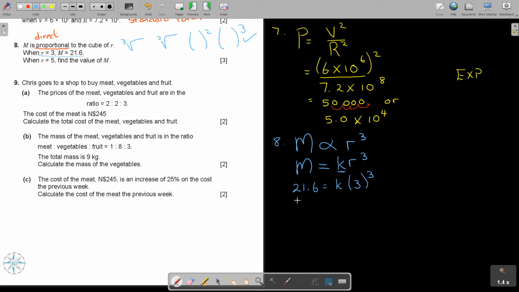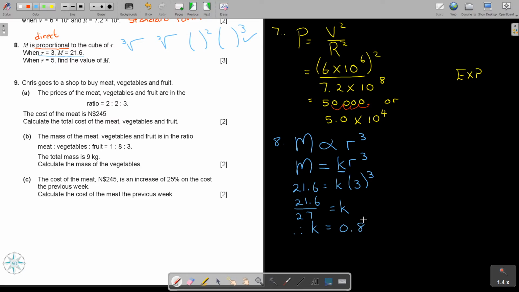Okay, and now I'm just going to say 21.6, and this is 3 times 3 times 3, which is 27. So I divide. I take my calculator. I say 21.6 divide 27 equals, and I'm getting 0.8. Okay, so the value, so therefore, this sign means therefore, the value of k is 0.8.